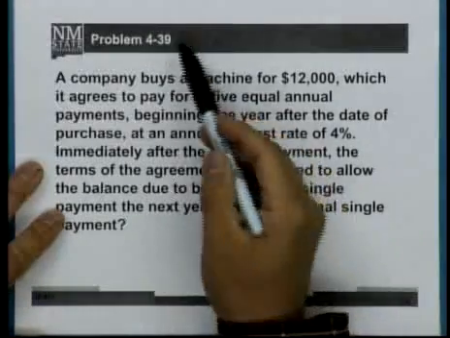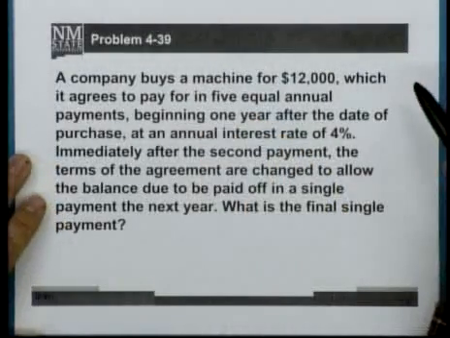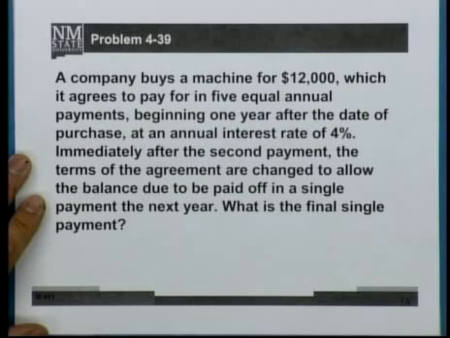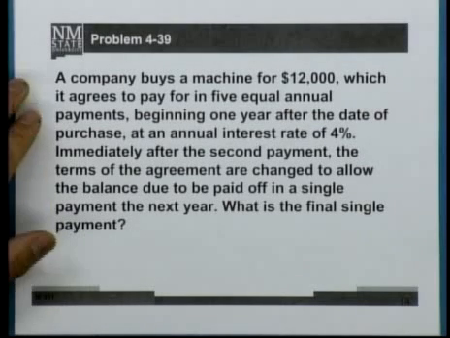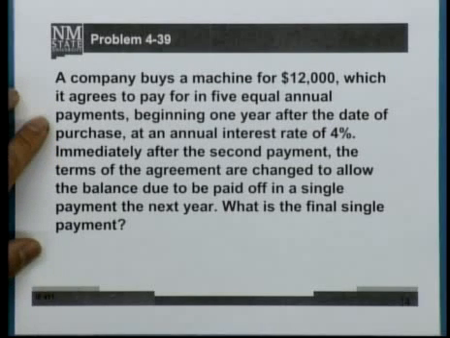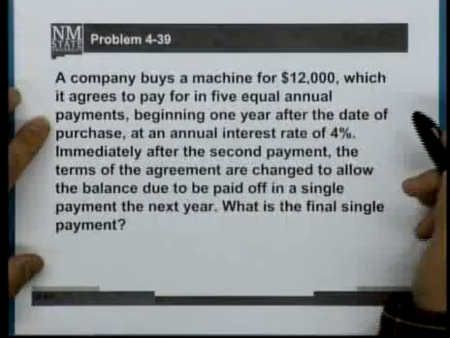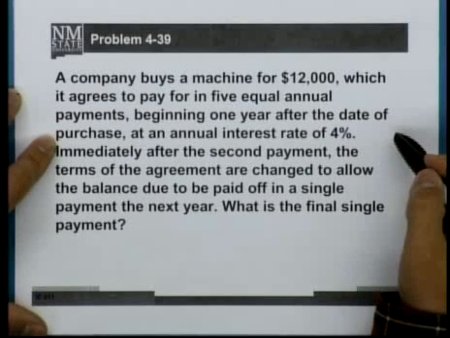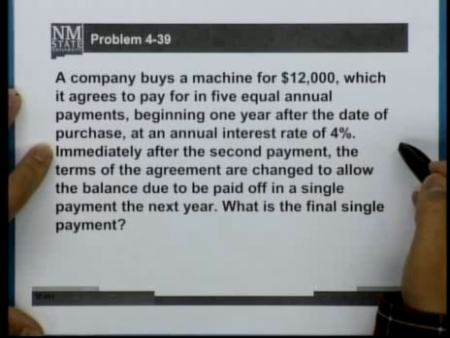Okay, so let's consider problem 4-39. A company buys a machine for $12,000, which it agrees to pay for in 5 equal annual payments, beginning 1 year after the date of purchase, at an annual interest rate of 4%.